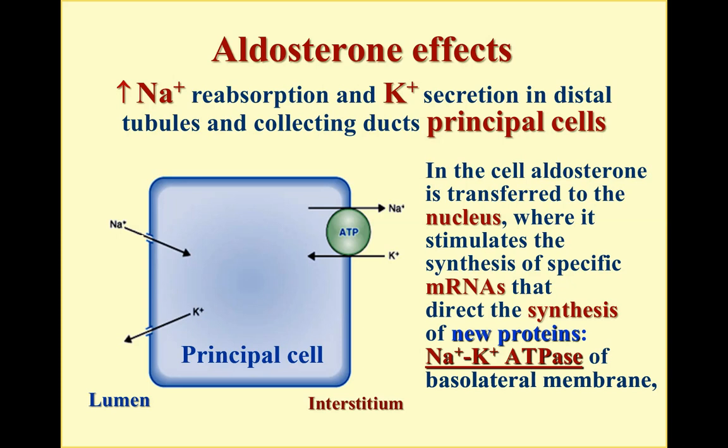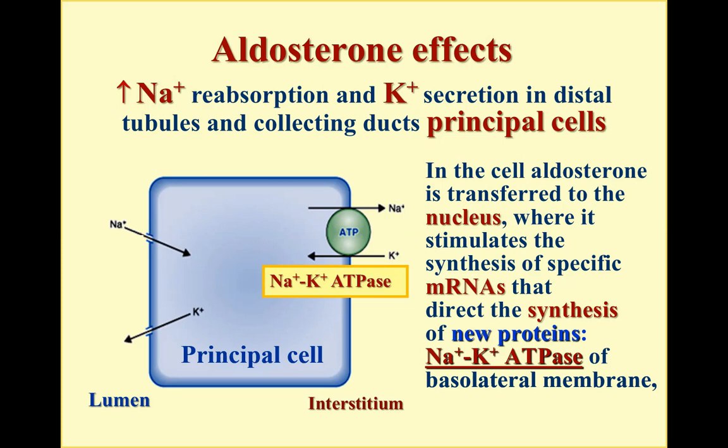And then it becomes distributed evenly between the 2 parts of the extracellular fluid, interstitial fluid and blood plasma. So sodium-potassium ATPase, this molecular device, is a protein. So exactly this protein's amount increases due to aldosterone action. So the more aldosterone is secreted, the more pumps constantly function and produce a greater and greater amount of sodium reabsorption.